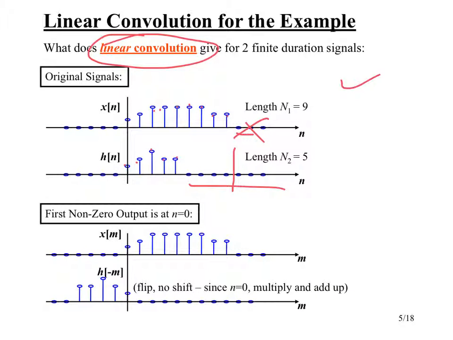So our rule is we write one of them against a dummy variable. So that's really no different than just changing n here and here into m here and here. So we've got x written in the dummy variable m.